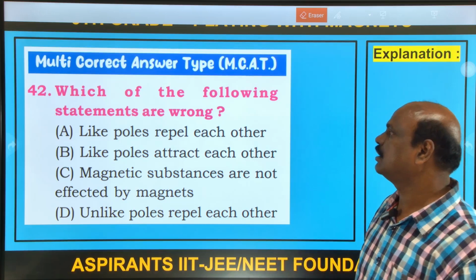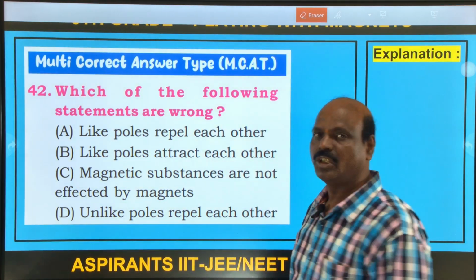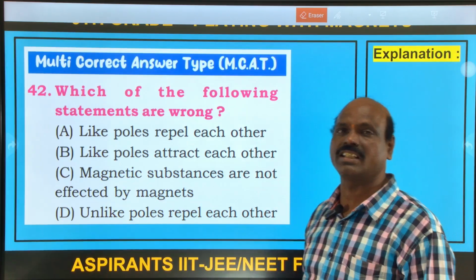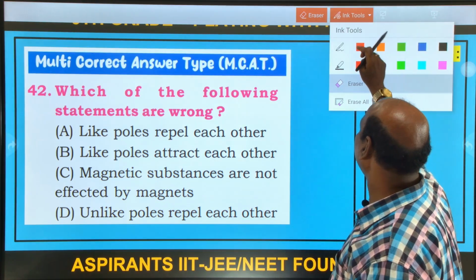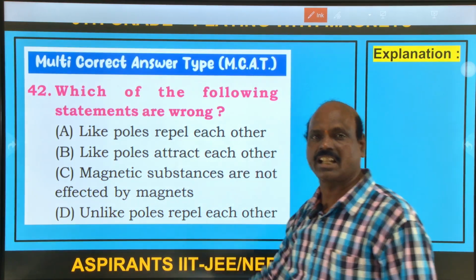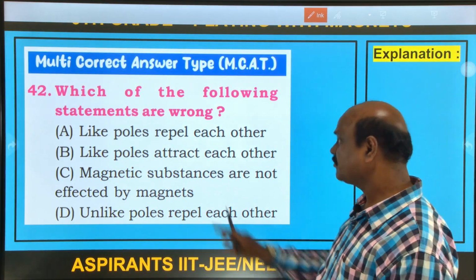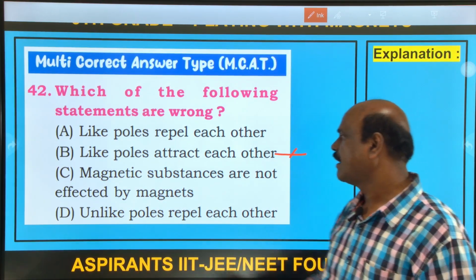So now let us start question number 42. Which of the following statements are wrong? Means, which statements are considered wrong? Like poles repel each other, it is a correct statement. Like poles attract each other, it is a wrong statement.